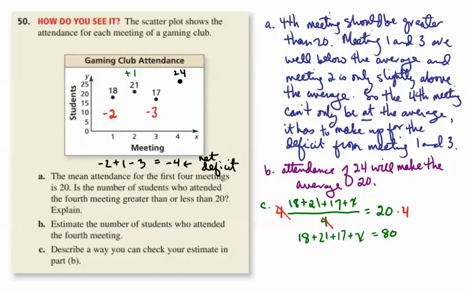Adding the 18, 21, 17 is going to give us 56 plus x is equal to 80. Subtracting 56 on both sides leaves us with x is equal to 24 people to attend, and that's exactly what we figured out by reasoning.